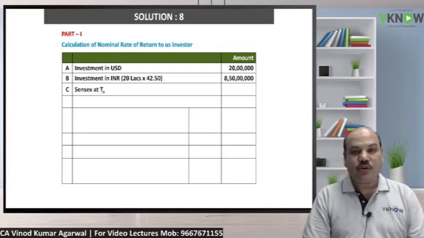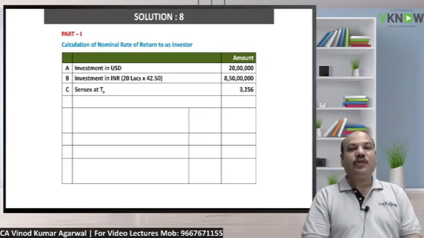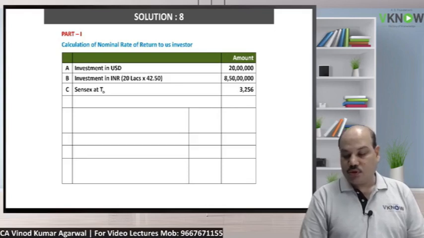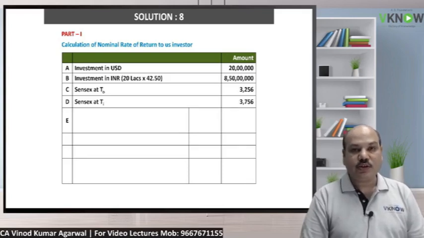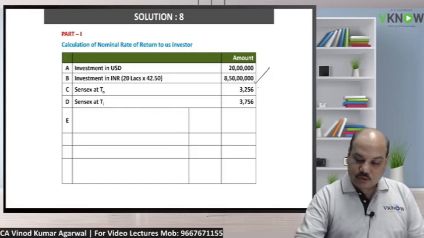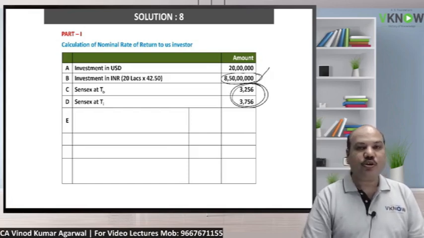When the amount was invested, Sensex at that time, Sensex at T0, time 0 was 3256, and after 1 year Sensex at T1 is 3756. So what we'll assume, this amount will appreciate proportionately.